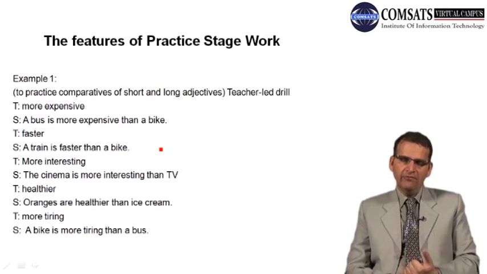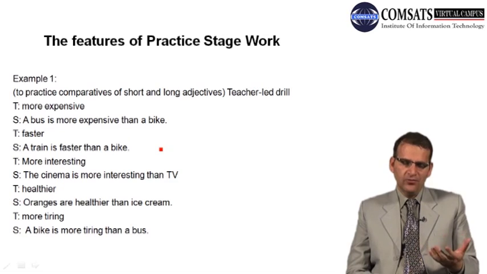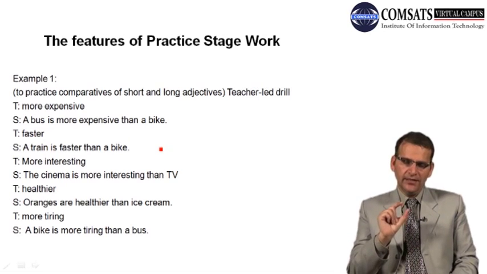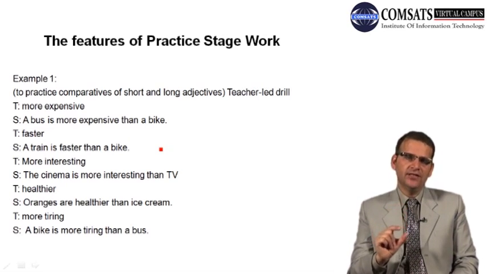And then similarly, faster, the train is faster than a bike. Then the teacher says more interesting, the cinema is more interesting than TV. Healthier, oranges are healthier than ice cream. More tiring, a bike is more tiring than a bus. So again, the teacher-led drills are there.